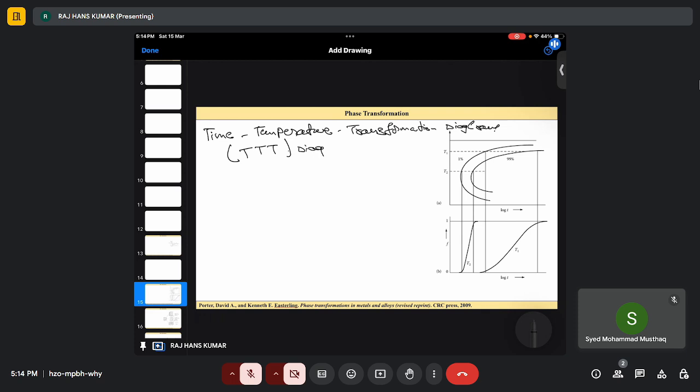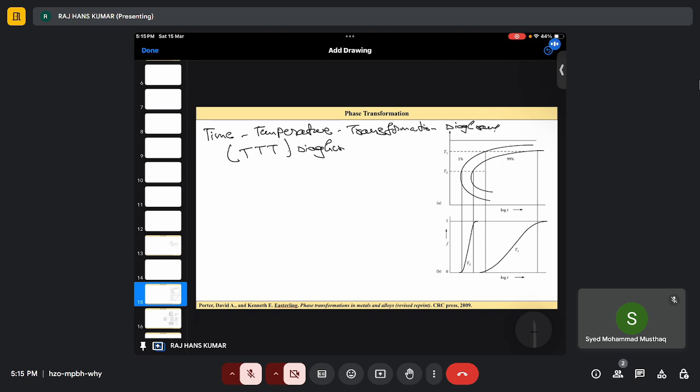There are also CCT diagrams, which are called continuous cooling transformation diagrams. If we have enough time, or I don't know, sir might or might not discuss, but if you have enough time, I can teach this and derive these things in an extra session. For now, I'm only going to explain what the different things given here are, and how we use them to know what is happening, or what combination of phases can be formed with respect to the cooling.